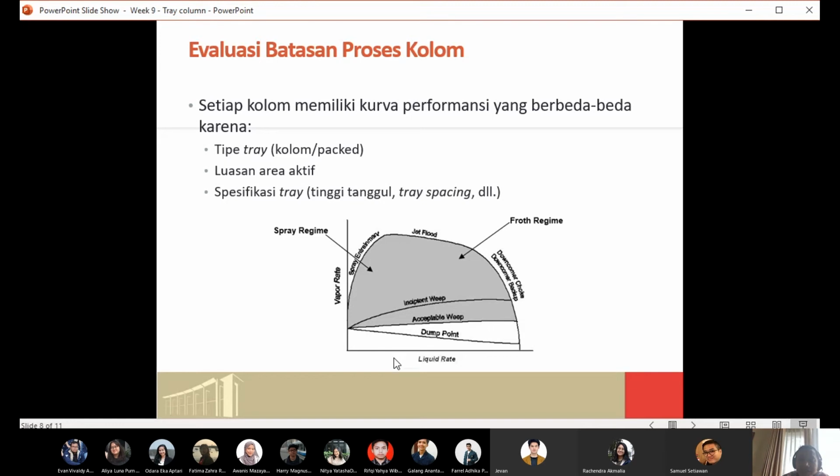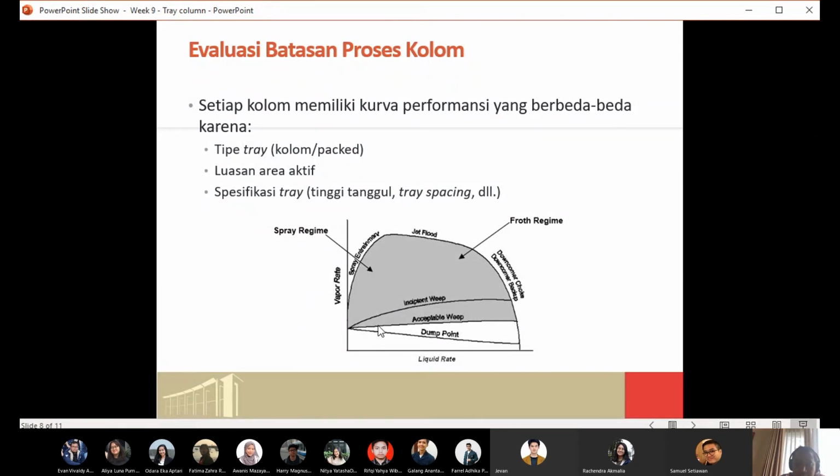This graph consists of an x and y axis, where the x-axis is the liquid rate, while the y-axis is the vapor rate. And this operating window is limited by, for example, a bottom line here.